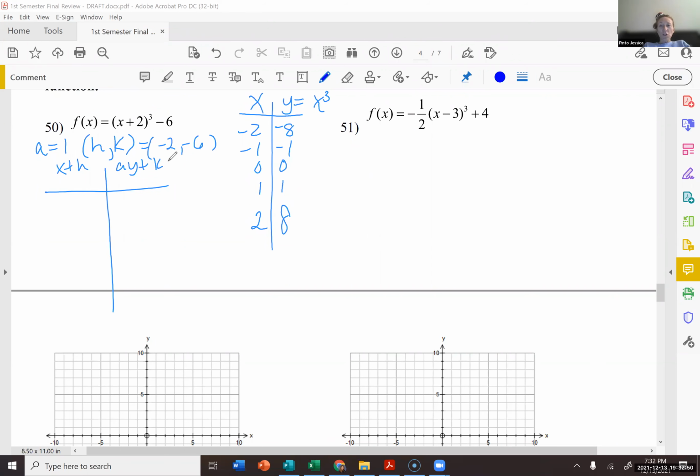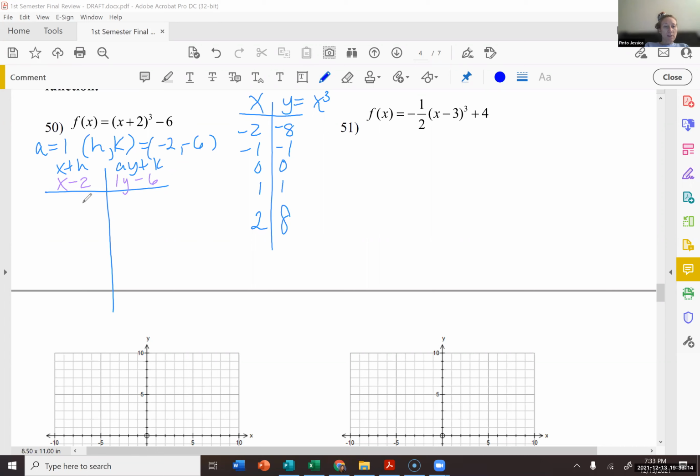It's really cool because you can use that for all of your functions. That can be written in HK form. So -2, let's see, -2. So this is going to be X minus 2, and then this is 1Y minus 6.